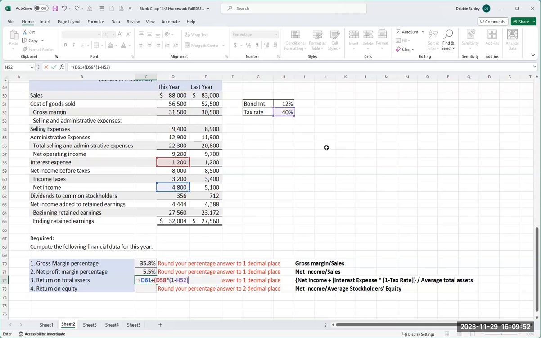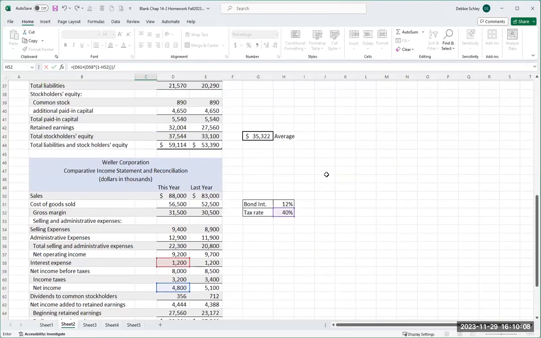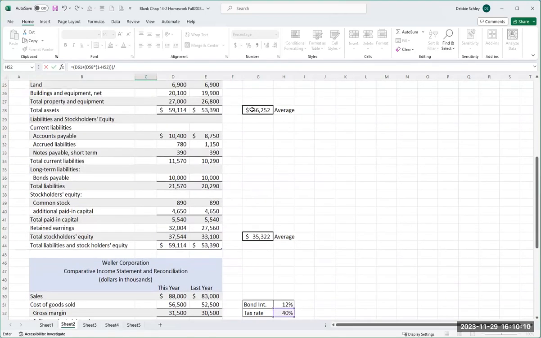Close that parentheses, close that parentheses, and one more to get them all closed. And then it's going to be divided by average total assets right there.